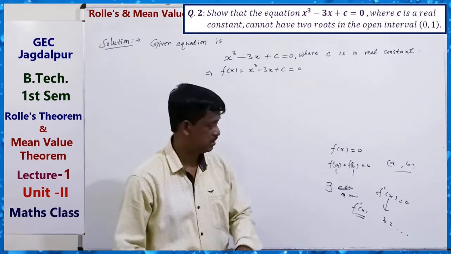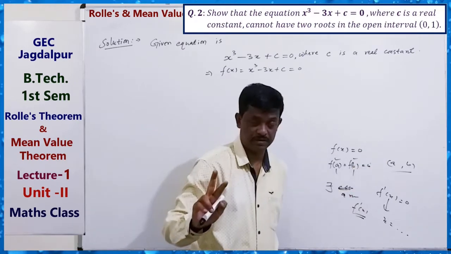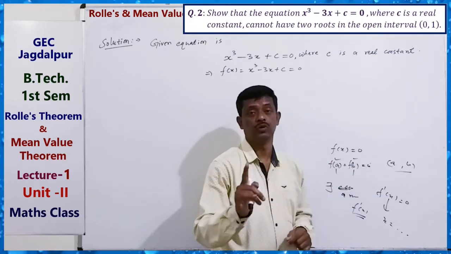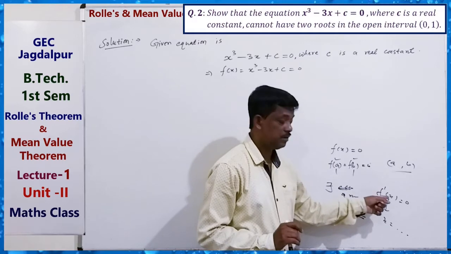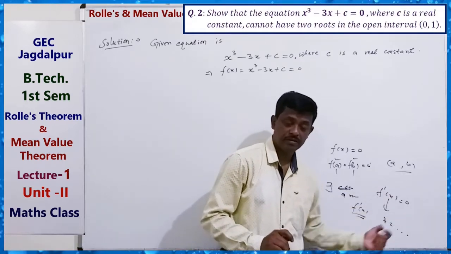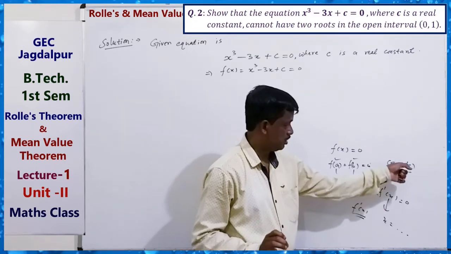Two roots means f(a) = f(b) = 0, satisfying Rolle's theorem's conditions, and in that case the derivative f'(x) = 0 has a root between a and b.